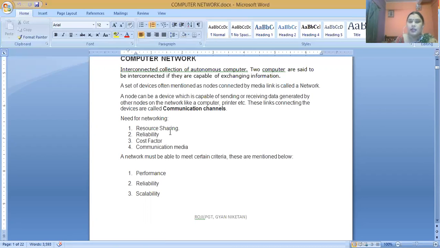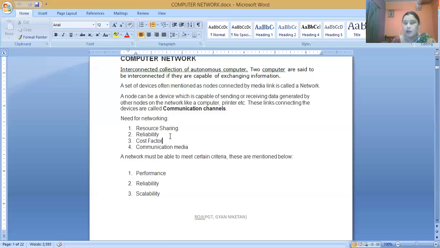Reliability means the data can be stored so that in case the data is lost, then data can easily be recovered. Cost factor means as the resource is shared, computer hardware is shared among the different hosts.